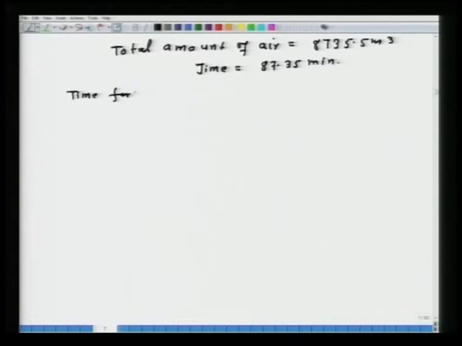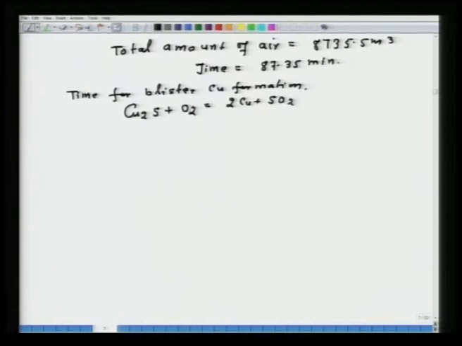Time for blister copper formation. Now, here you know the reaction Cu2S plus O2 equals 2 Cu plus SO2. So, you have to find out how many kg moles of Cu2S have been oxidized in this stage. If you do those calculations, whatever moles of Cu2S, the same moles of oxygen would be required.